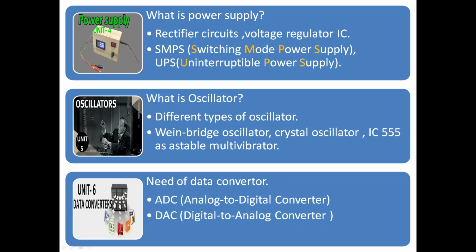Then next is your unit 6, data converter, need of data converter, and then we study ADC and DAC. So what is ADC? ADC means Analog to Digital Converter, and the next one is Digital to Analog Converter. These are the 6 chapters of your semester 1.